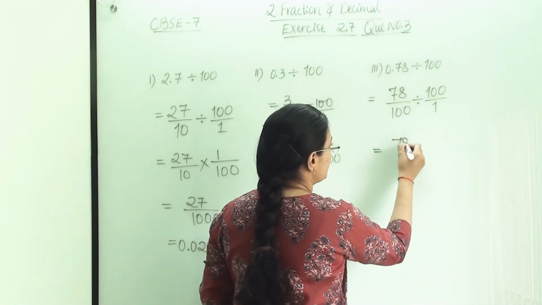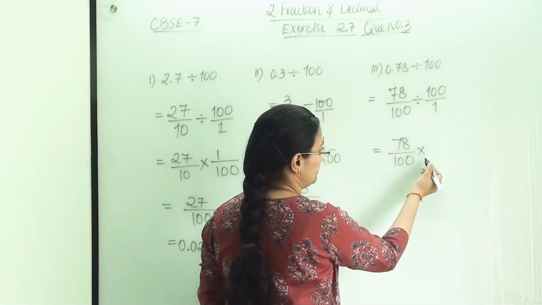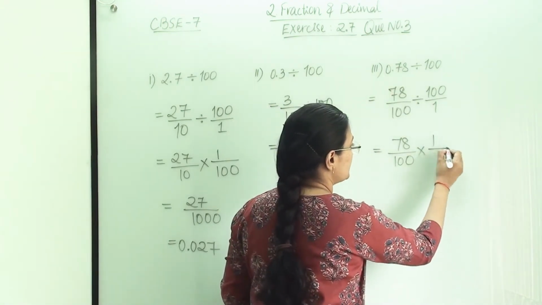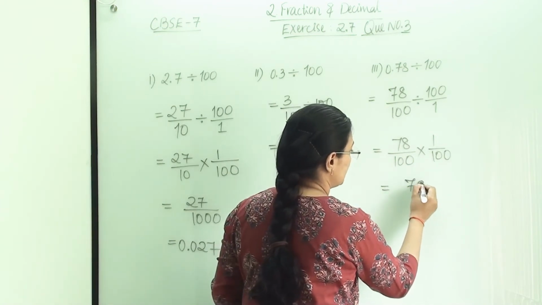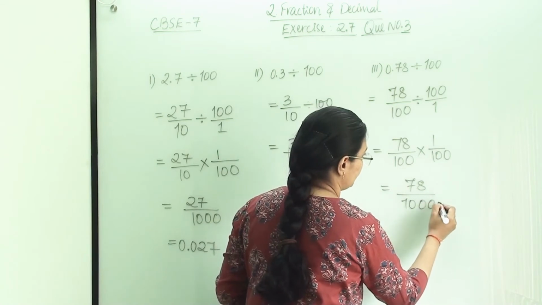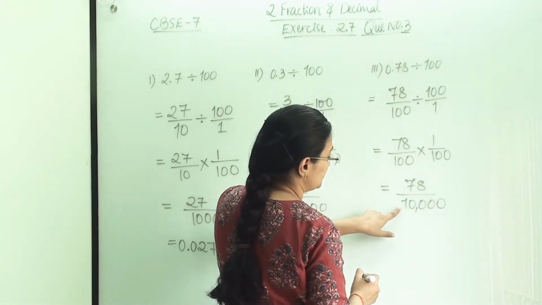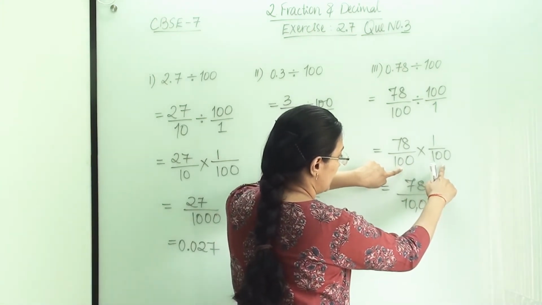The next is 78 over 100. We change this to a multiplication sign and convert this fraction into its reciprocal. So now we get 78 over 10,000, because here we multiply 100 into 100.